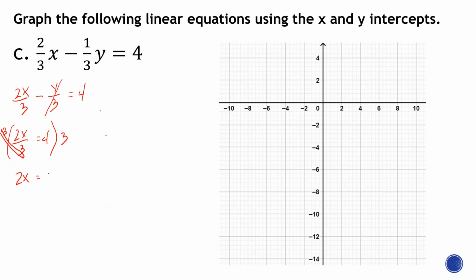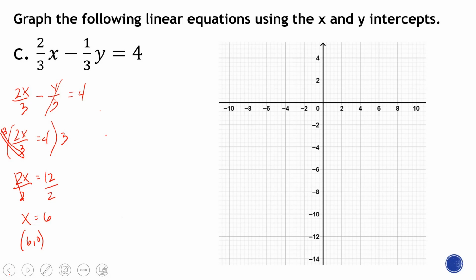So 2x equals 12. Division property of equality, cross that out. x equals 6. So therefore our x-intercept is 6 and 0.